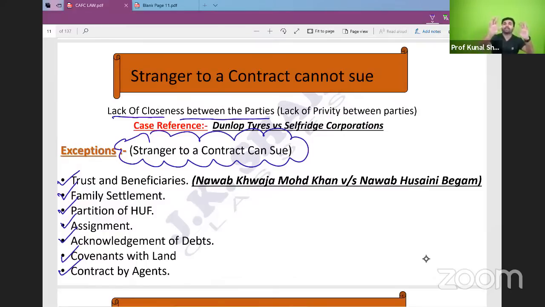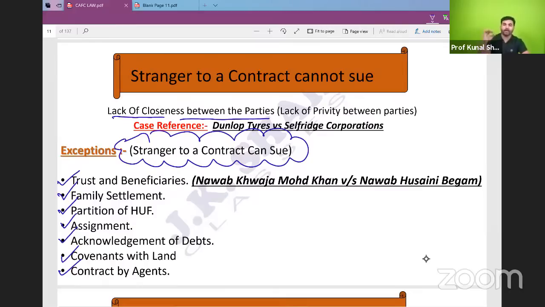The principal is an outsider, a stranger over here. But still, that principal has a right to take the contract to the court of law. Though the principal is a stranger over here, generally, a stranger to a contract cannot sue.